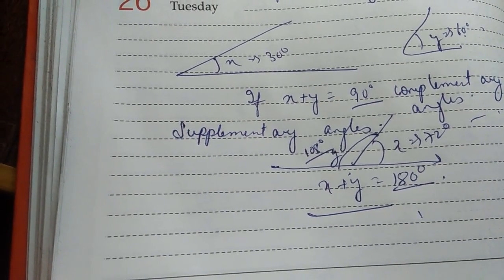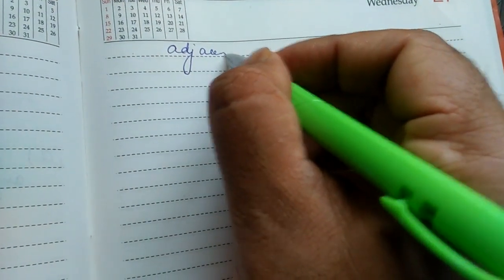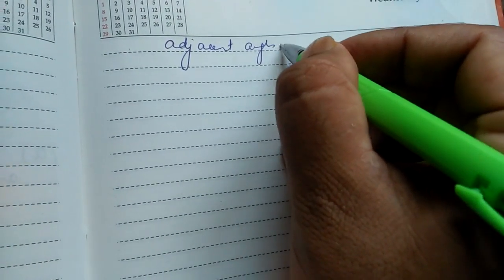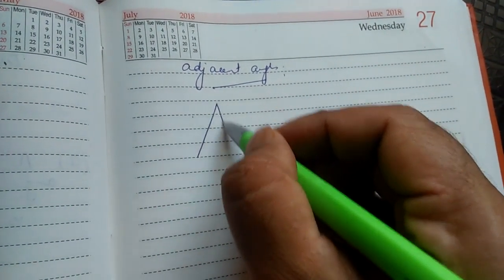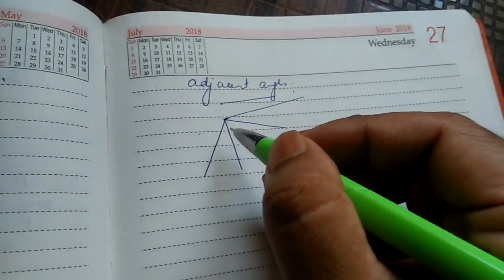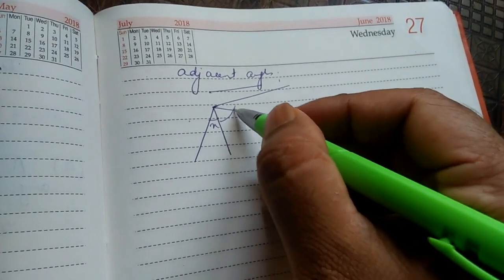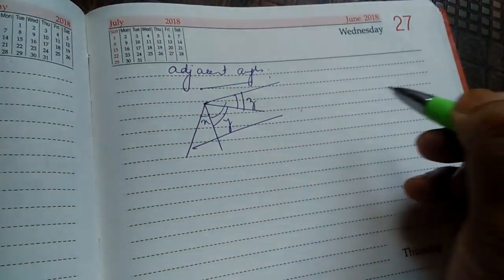So adjacent angles, let's discuss about adjacent angles. X is adjacent to Y, which is adjacent to Z. Alright.